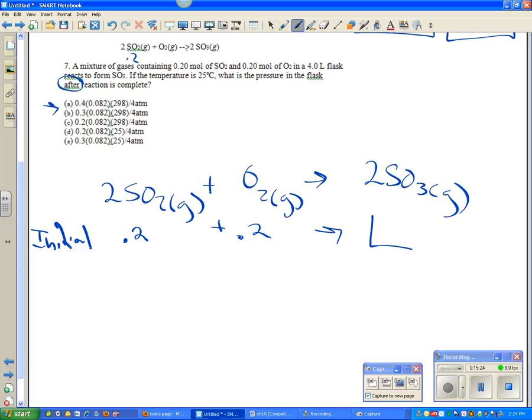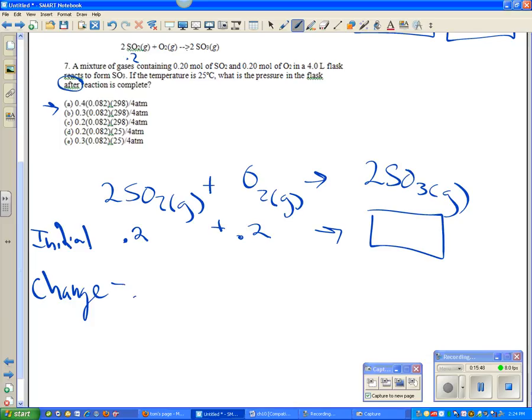You don't know how much you're going to make. Then I'm going to write change here. What you have to do quickly is realize what your limiting reactant is. You need twice as much SO2 as you do O2.